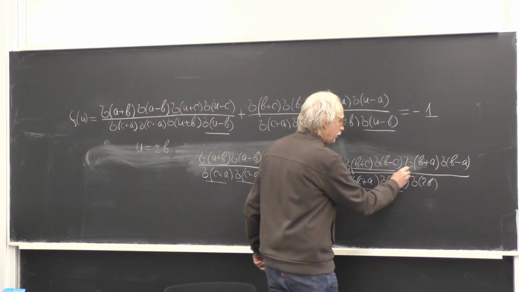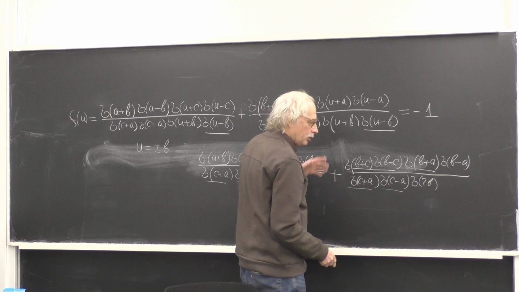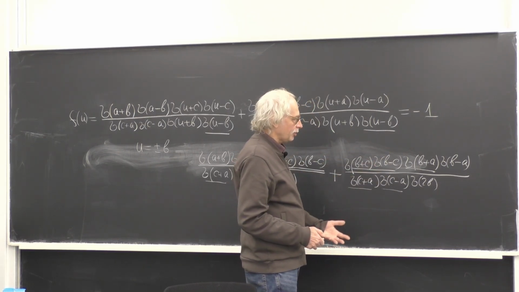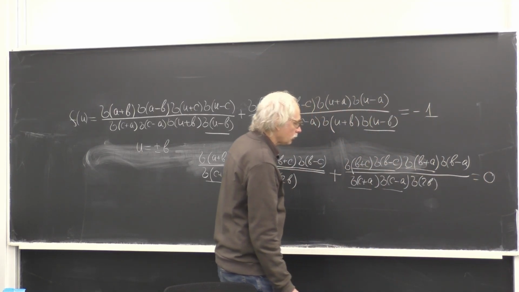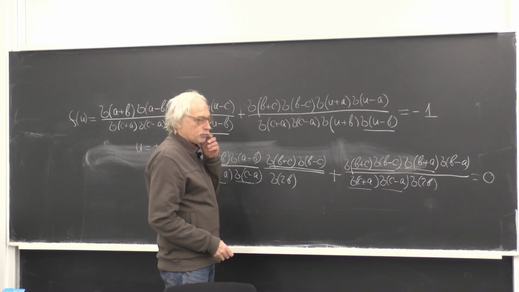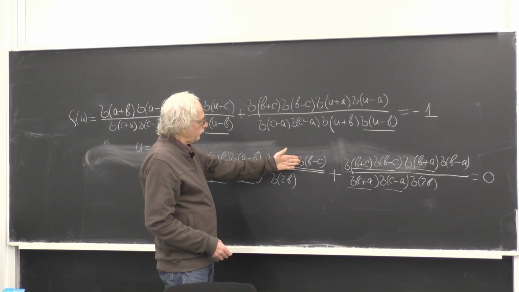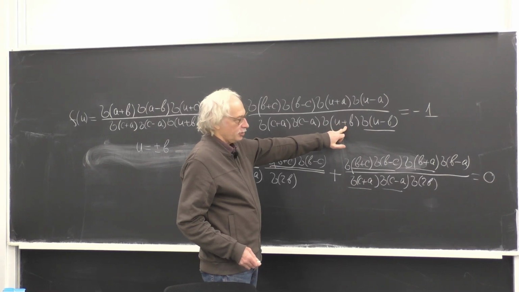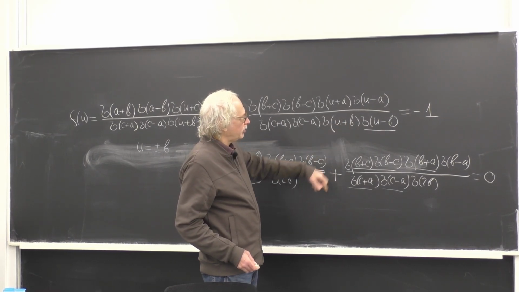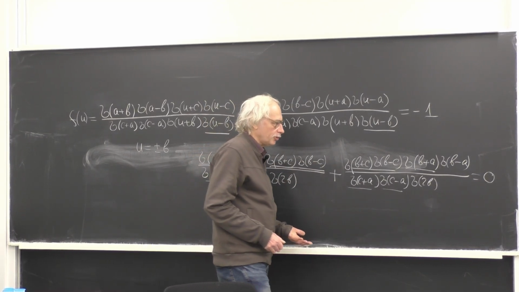This is the same, and these factors are equal with different signs. So we have 0. So the residue of this pole is 0. In a similar way, you can check the second possible pole at minus b, and you will obtain that the residue is 0.